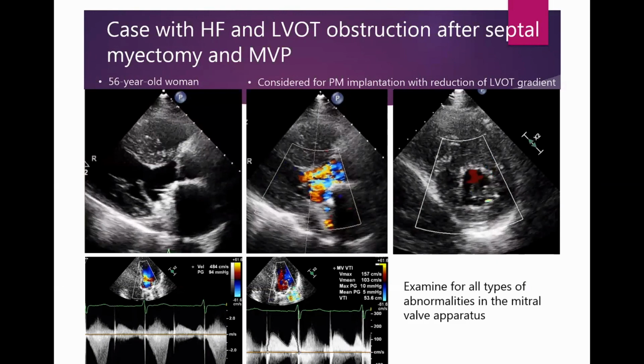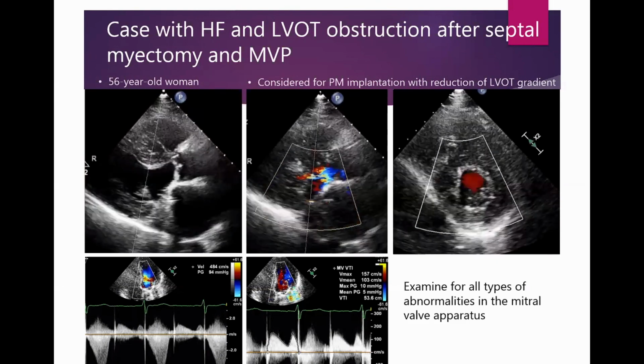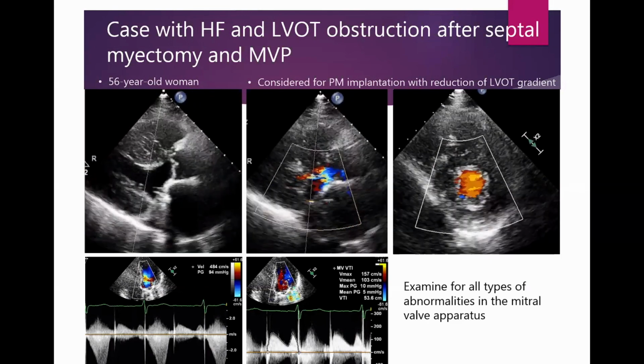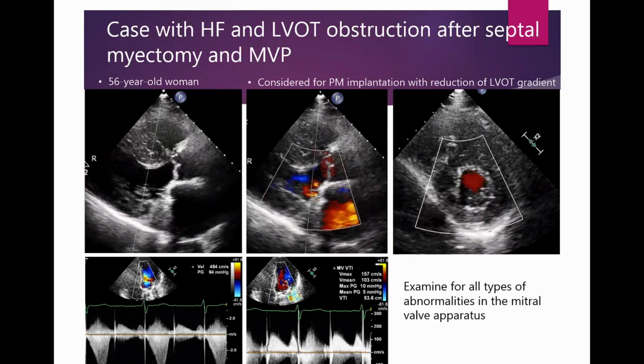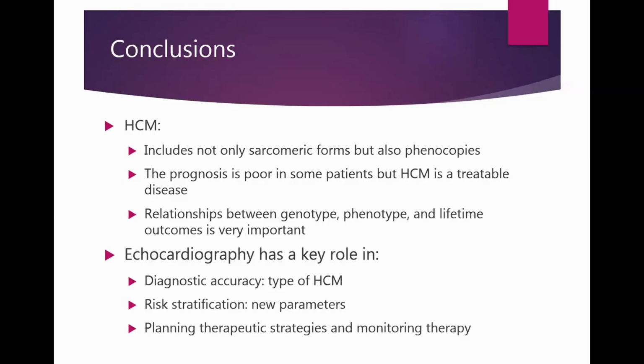We decided to send this woman for pacemaker implantation, and she had a subsequent reduction of the LV outflow tract gradient. In conclusion, hypertrophic cardiomyopathy includes not only sarcomeric forms, but also phenocopies.